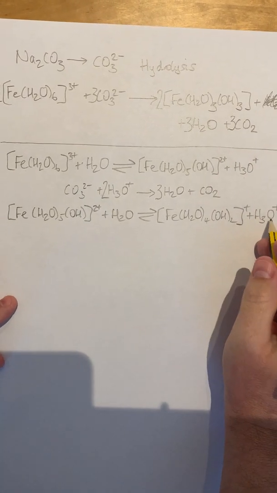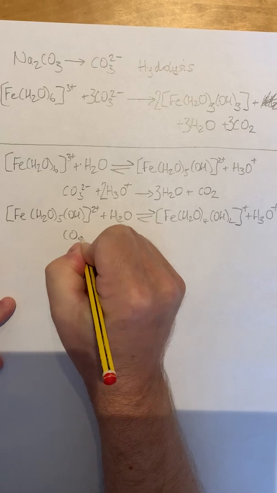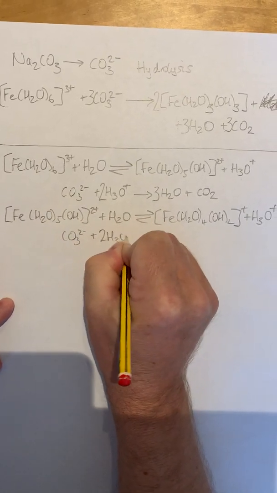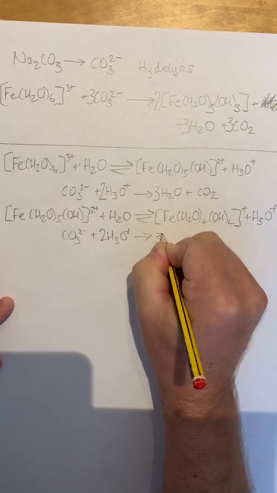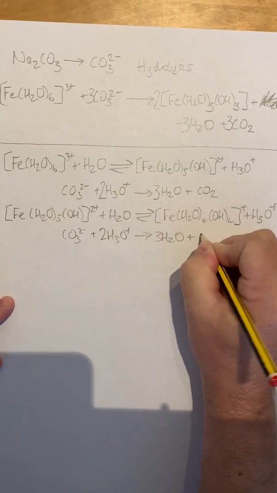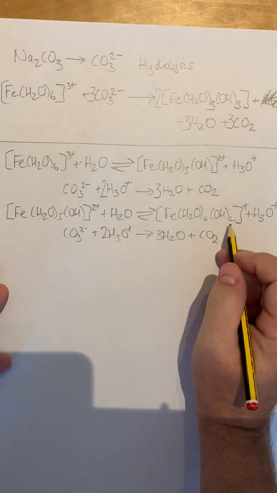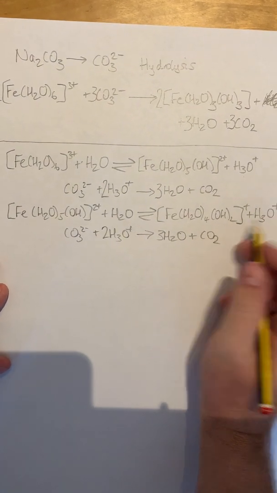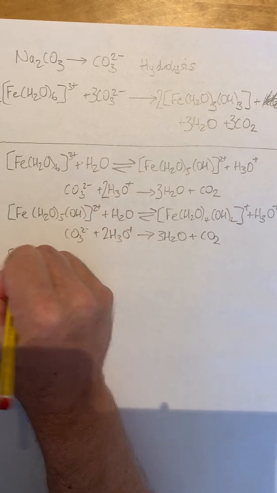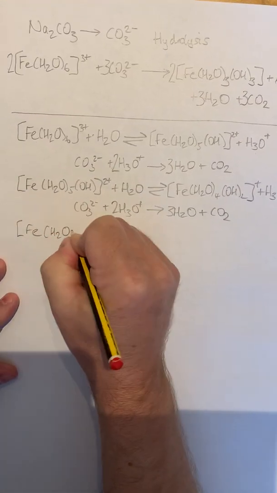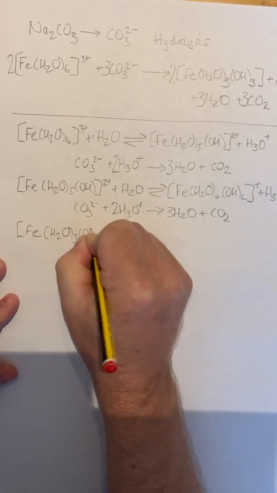made more H3O plus, carbonate comes in, reacts with H3O plus in the same manner as the previous one to give 3 H2O plus CO2. And then this will go one more step to go down to the precipitate.